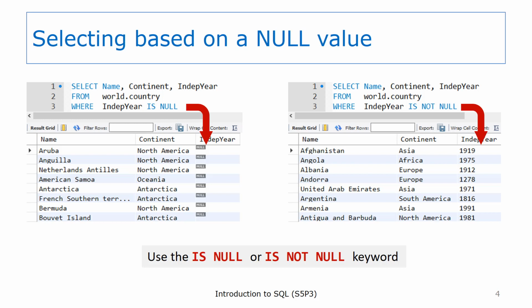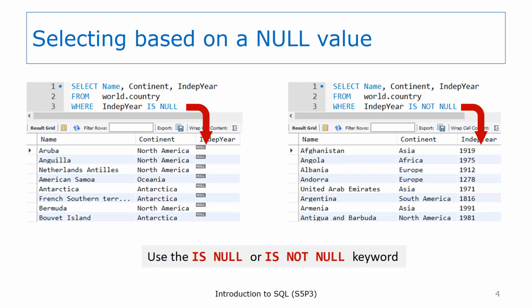Instead of using the equals or not equals operators, SQL uses the is null and is not null keywords as shown here. Once you see what's going on and how you use these keywords to select null values, it's not difficult to work with nulls.